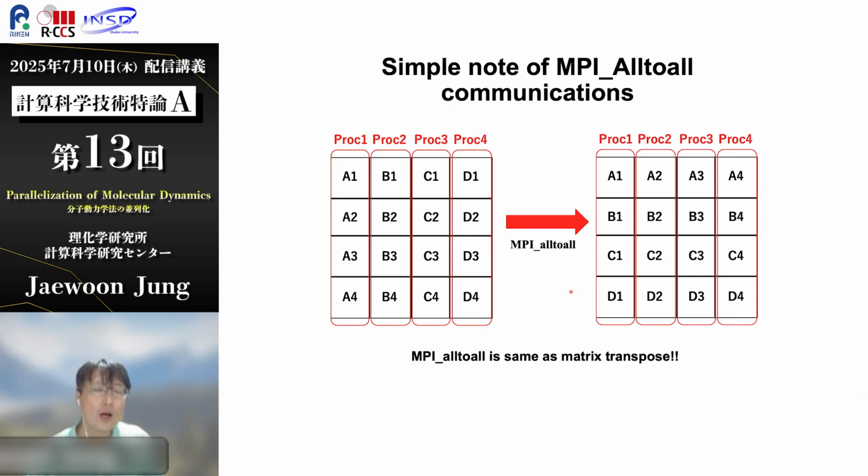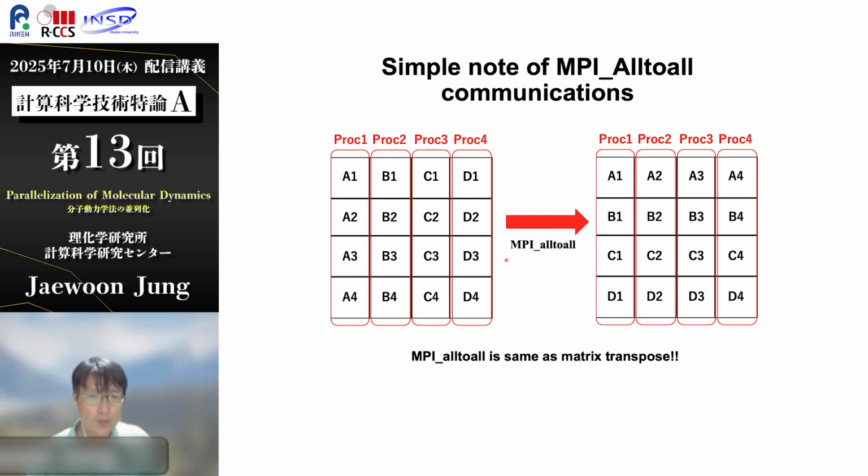So here I will briefly explain what MPI all-to-all communication is. Here you have a two-dimensional matrix with A1, B1, C1, D1 to A4, B4, C4, D4. And just assume that processor 1 has all the A data, processor 2 has all the B data, processor 3 has the C data, and processor 4 has the D data.